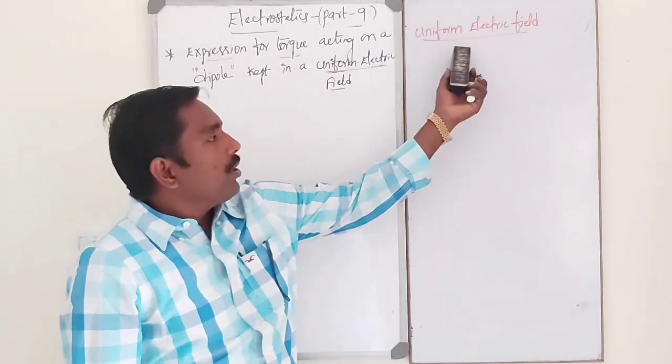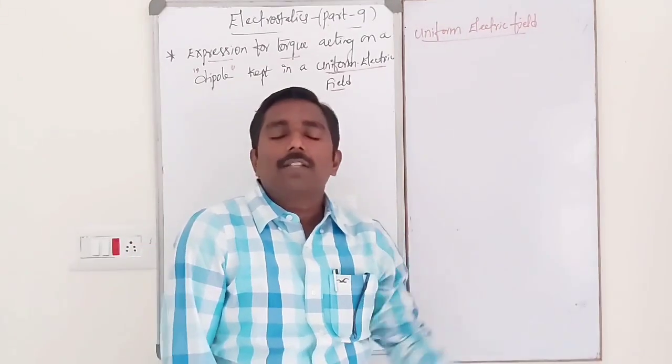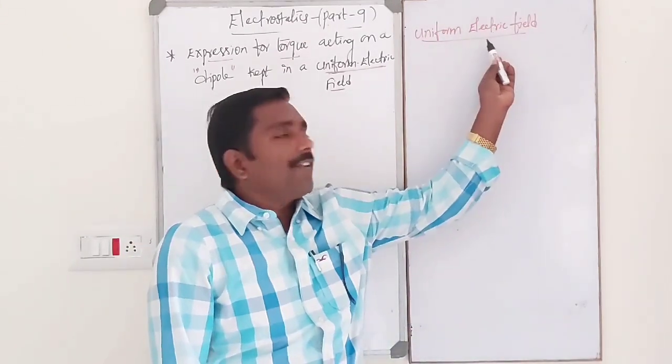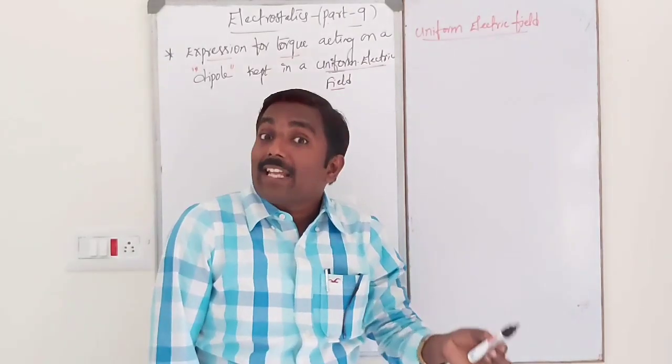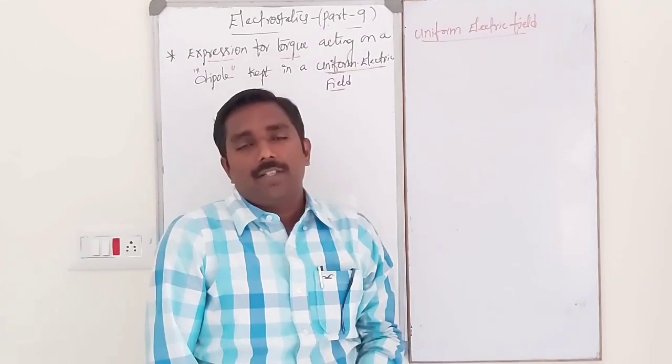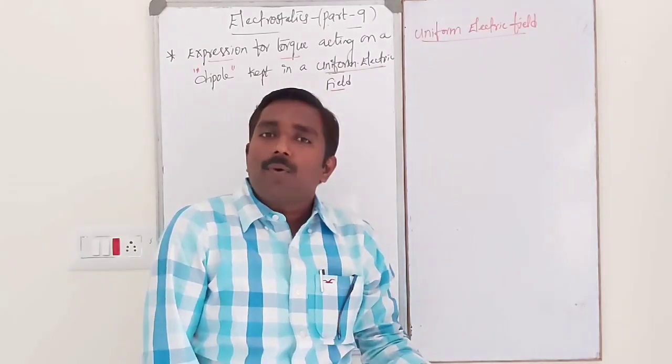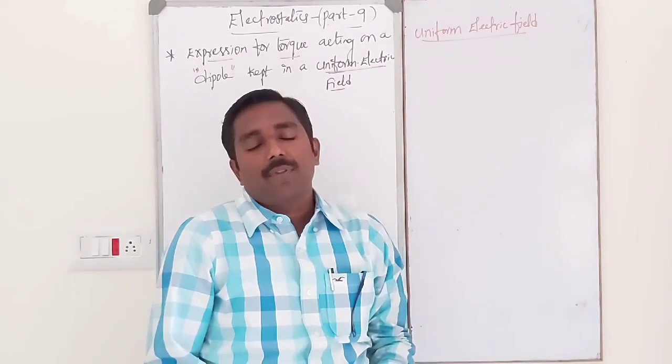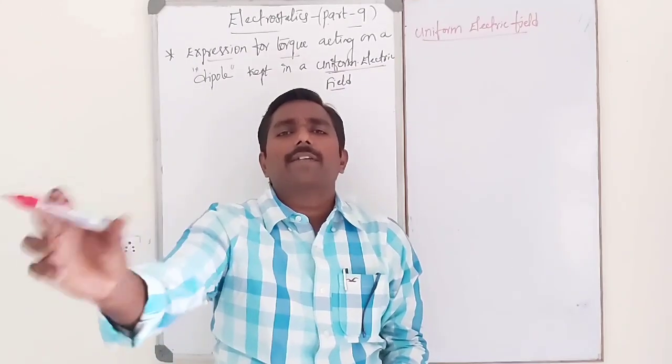That is called uniform electric field. That means the electric field in which the force acting on a unit positive charge kept at any point is the same. The same quantity of force will be acting.